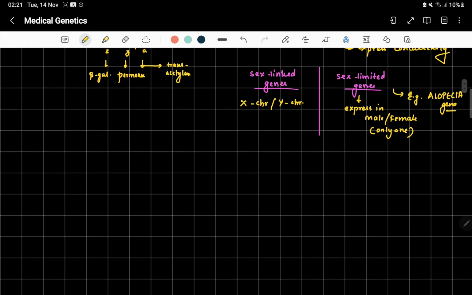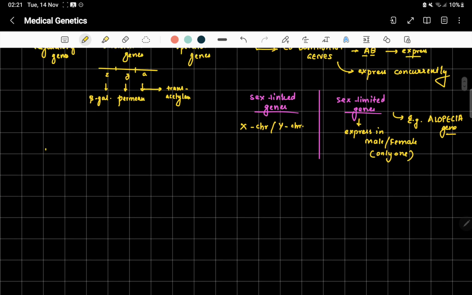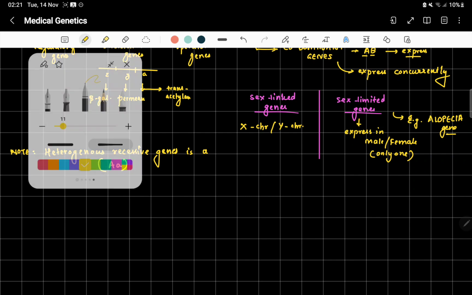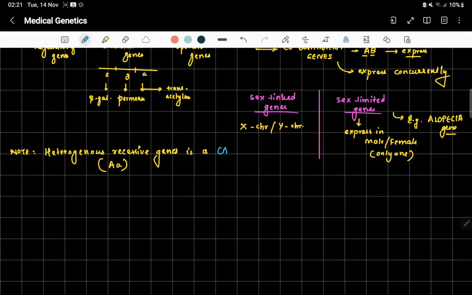And carrier genes are heterozygous recessive genes, this is a note point, like Aa is a carrier gene. Understood?